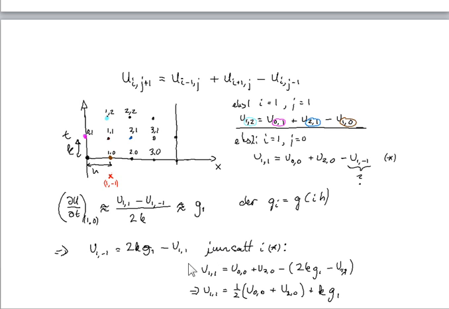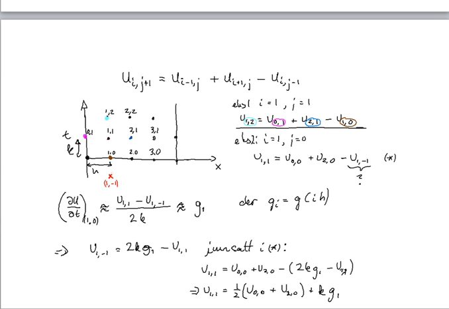So if we insert this expression into this equation, then we obtain the following. We obtain this equation, and now we are able to solve this equation with respect to u_{1,1}.